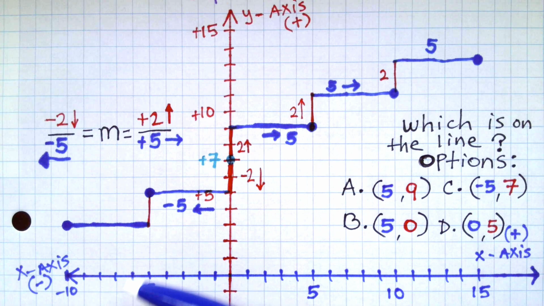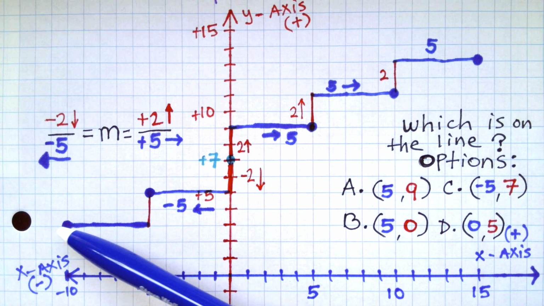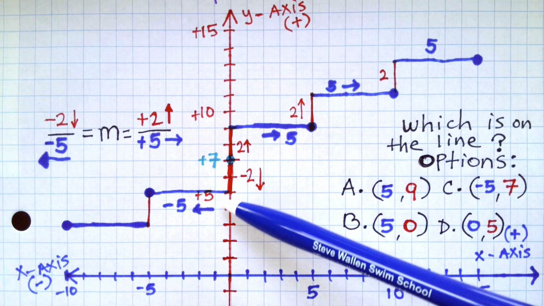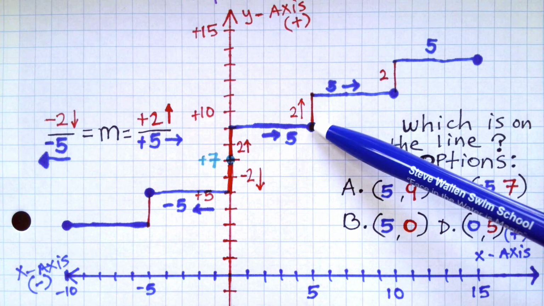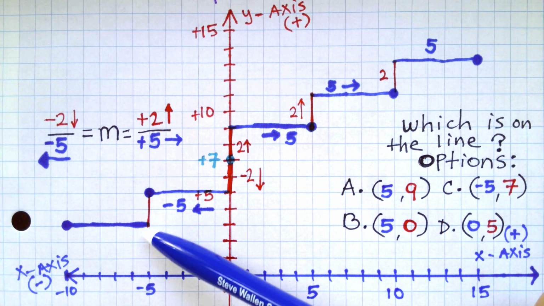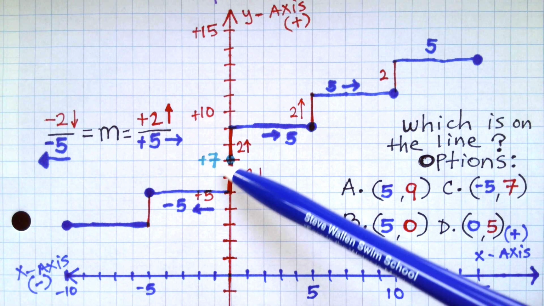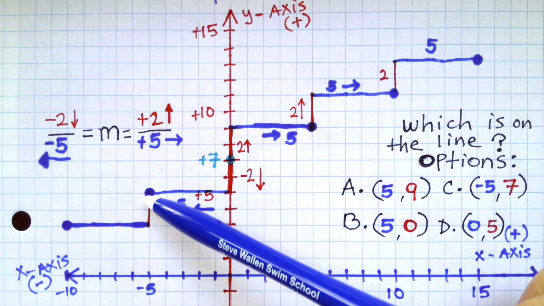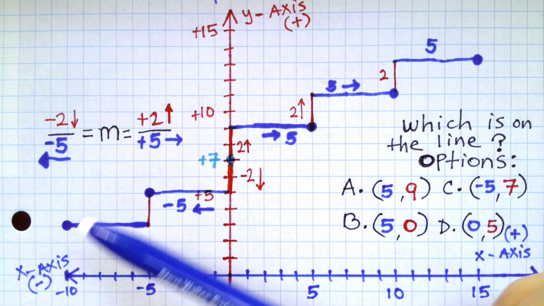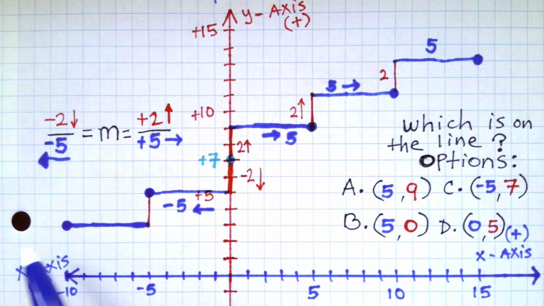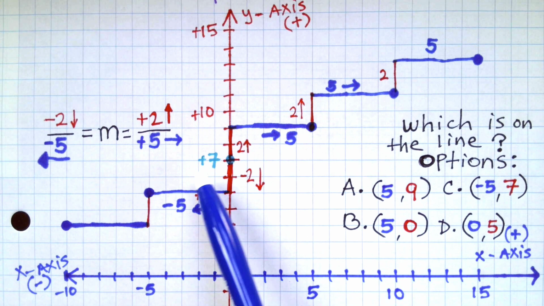And so you can have a negative 2, negative 5 slope or a positive 2, positive 5 slope, right? I go here, it's a positive direction. Or I can go negative direction, negative direction, negative direction, negative direction. These slopes are interchangeable.